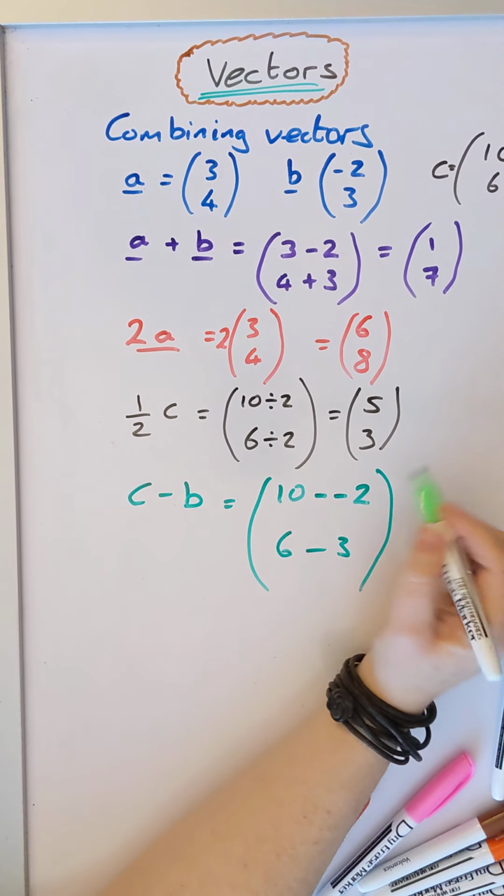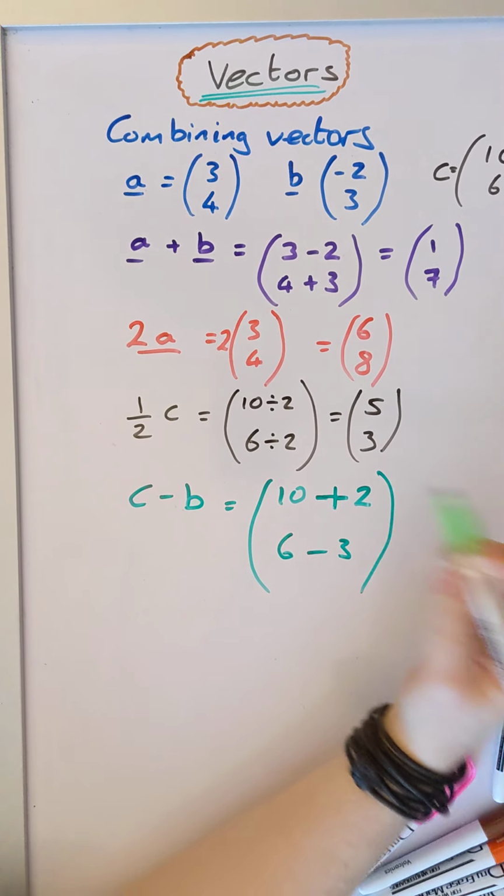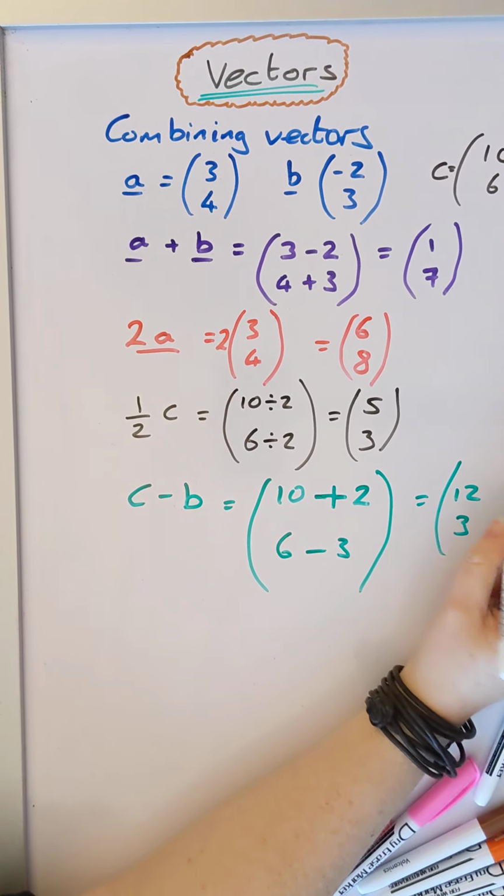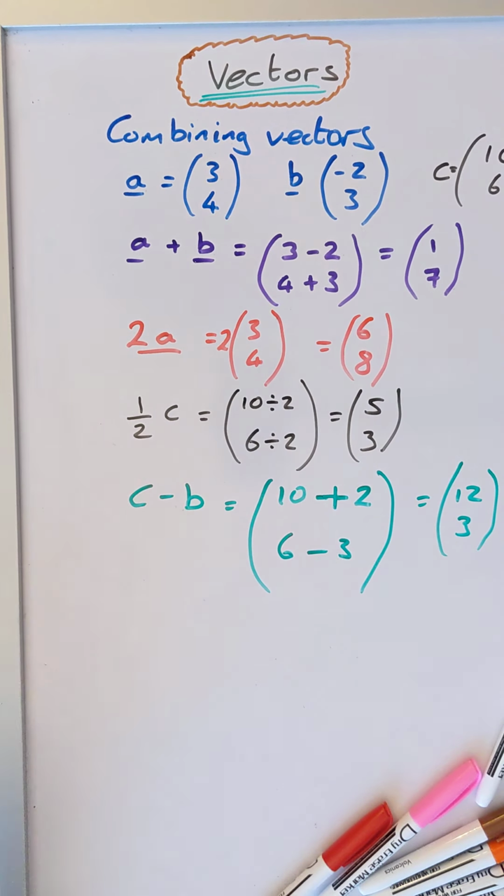Remember, minus is a plus. So I have the vector (12, 3). So your normal rules of multiplication, addition, subtraction and division or multiplying by fractions work.